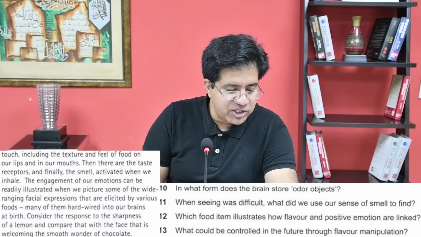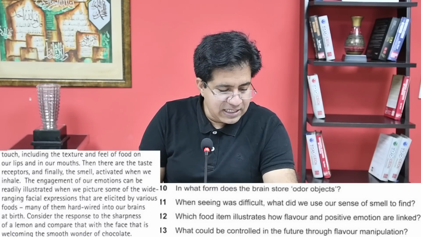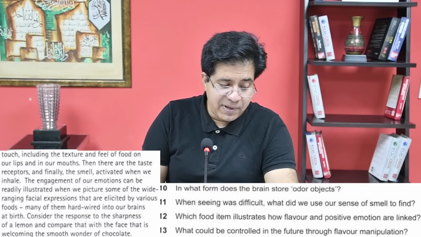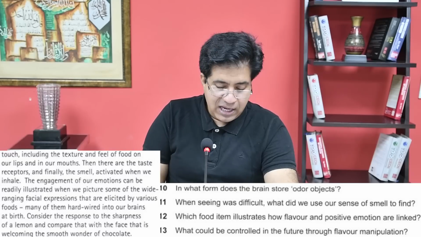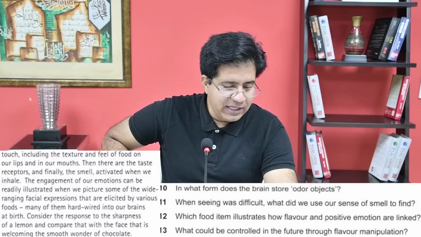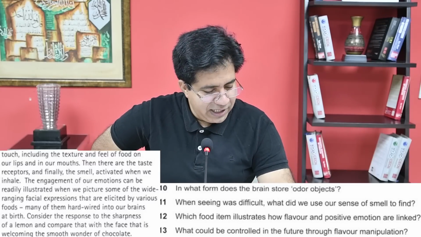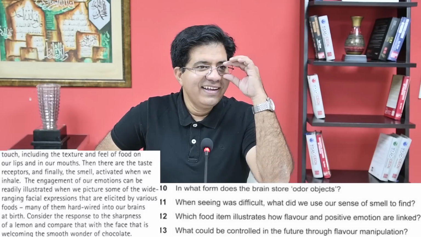Now try to understand that sharpness is not positive emotion. They said here, consider the response to the sharpness of a lemon and compare that with the face that is welcoming. Now welcoming face is positive emotion and the answer is chocolate. We would still take lemon and give cheap pens. Yeah?